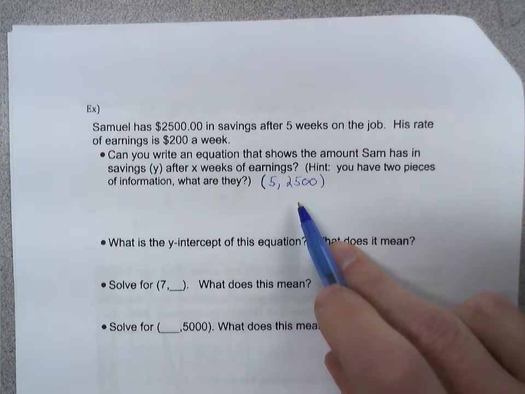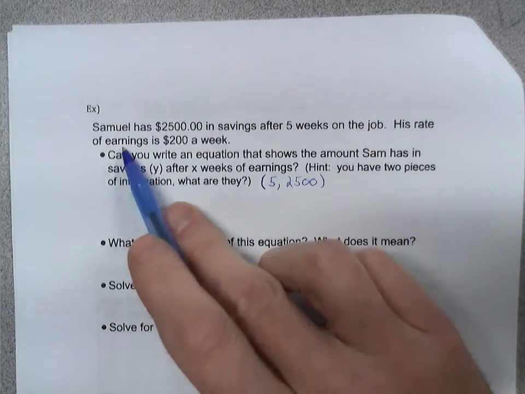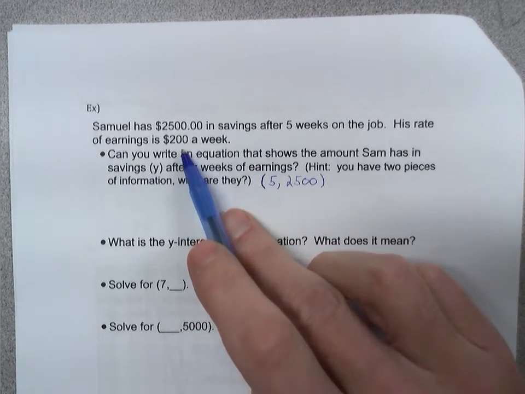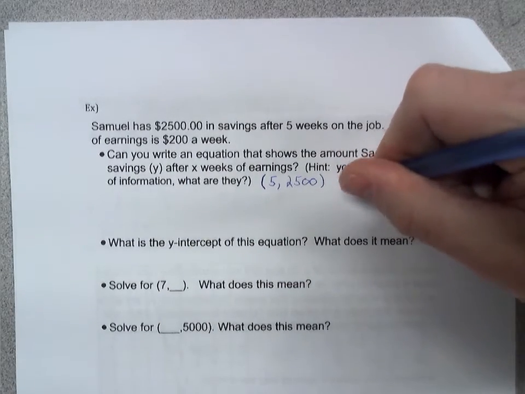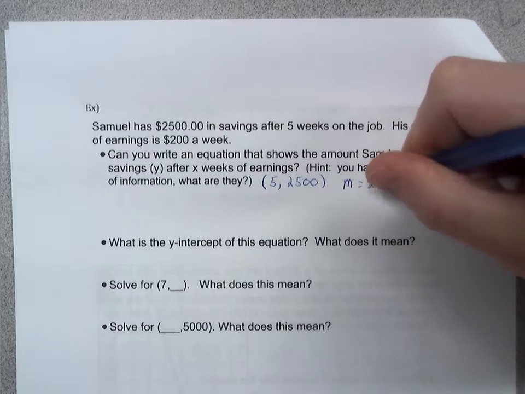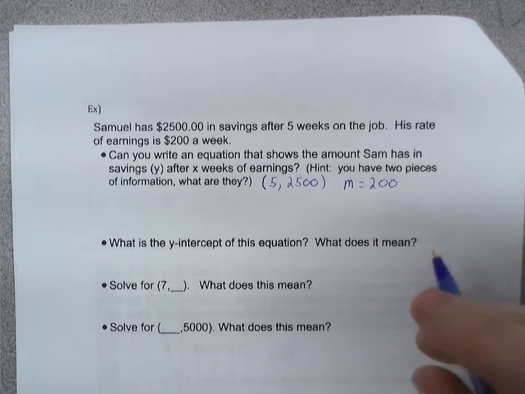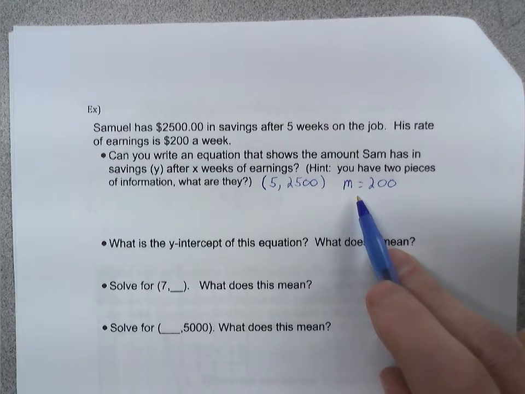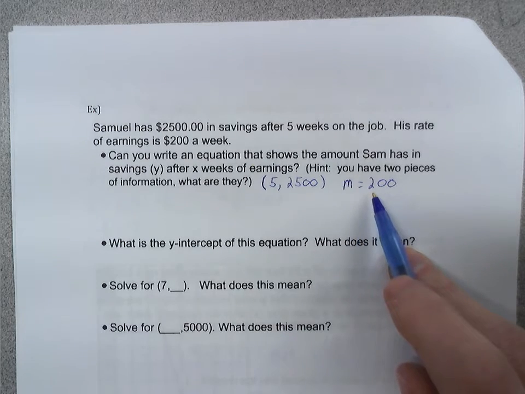And the other piece of information says his rate of earnings is $200 a week. Well, what does that mean, rate? Rate is our slope. So m equals 200. So these are good pieces of information. We can now insert these into an equation, and we can actually solve and find what the y-intercept of that equation is going to be.